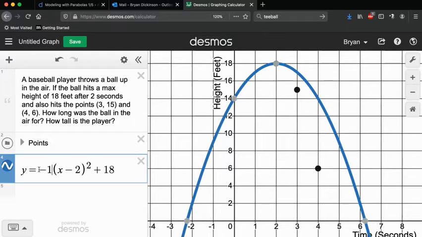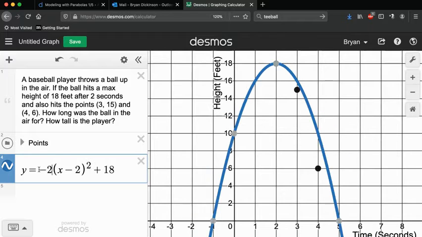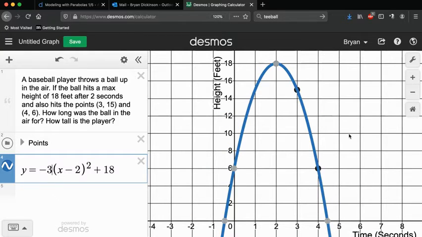Let's make it a negative. All right, at least we're flipped in the right direction. And then I'm just going to take a guess. Let's maybe try -2. Let's see. -2 is not good enough. We're close. All right, -3 is the magic a value here. So now we have our parabola that matches the points we know.